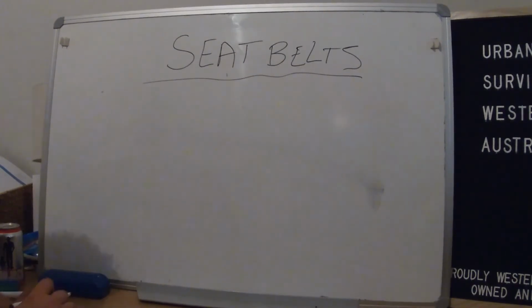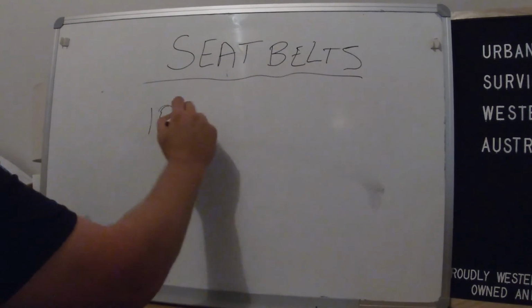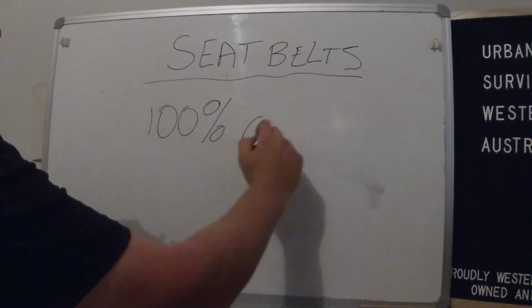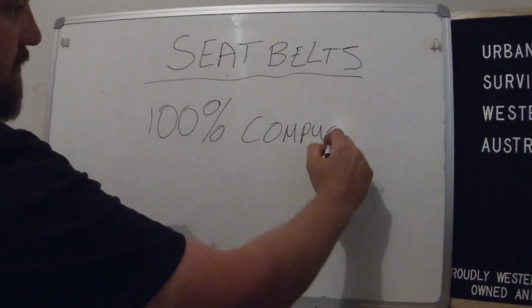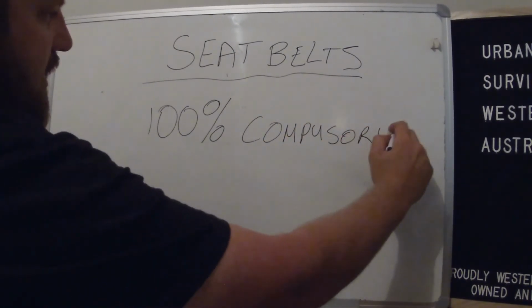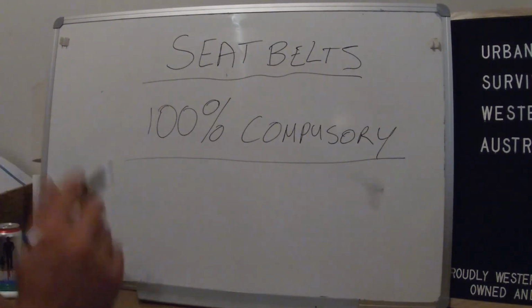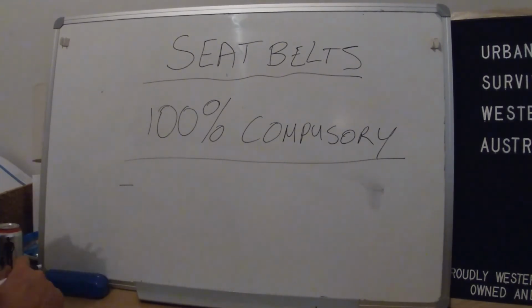Seat belts. 100%. It is compulsory to wear a seat belt in Western Australia. Small exemptions. Very small exemptions.